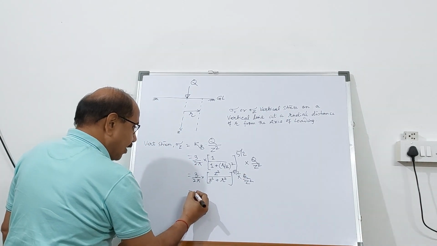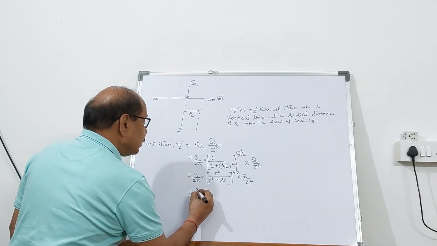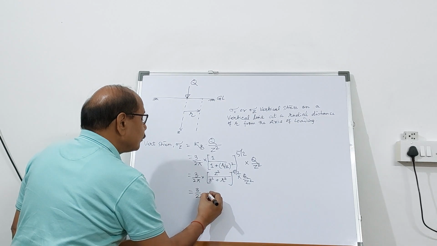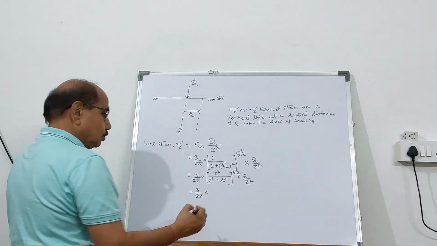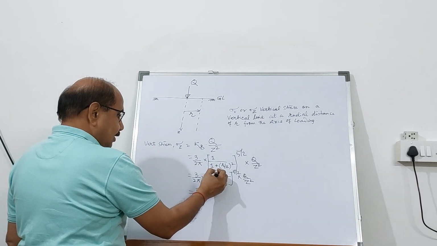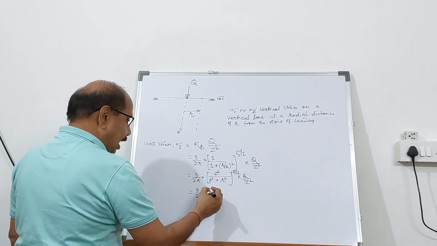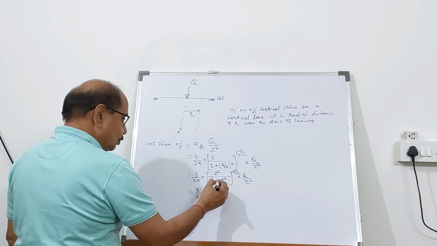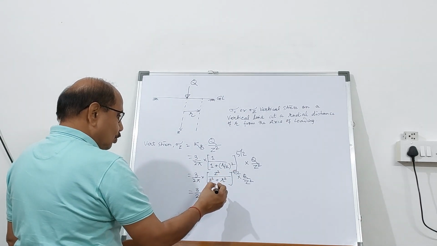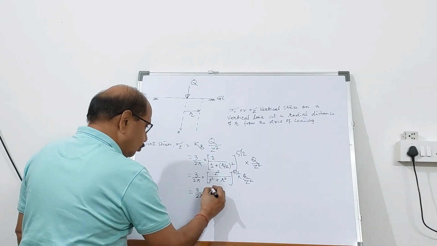Further, if we simplify, this is going to be equal to 3 divided by 2 pi into this numerator z square, and if you take the power 5 by 2, so 2 goes out, this becomes z to the power 5. So you can take it out.